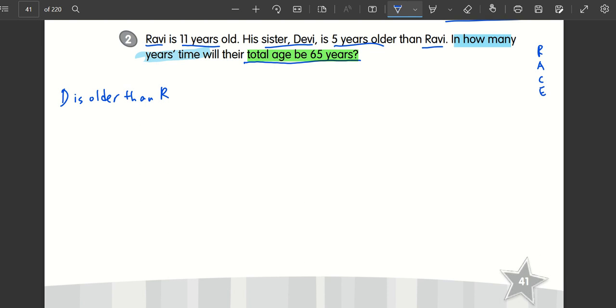Now, if we look at it this way, the first part we can understand is I can draw a simple model for Ravi and Devi's current age. As of now, Ravi is 11 years old.